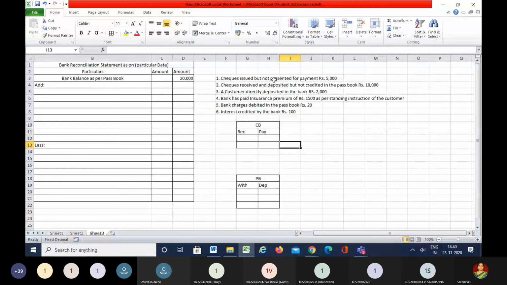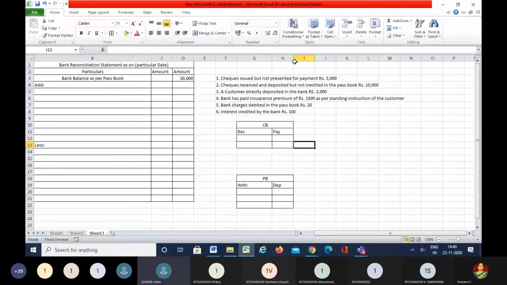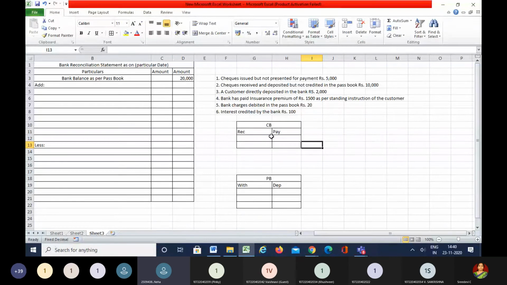First you just try to explain to me how it has to be treated. Checks issued but not presented for the payment will be recorded first in the cash book. Then, as we are doing for the passbook, the cash book balance will be less and the passbook balance will be more.